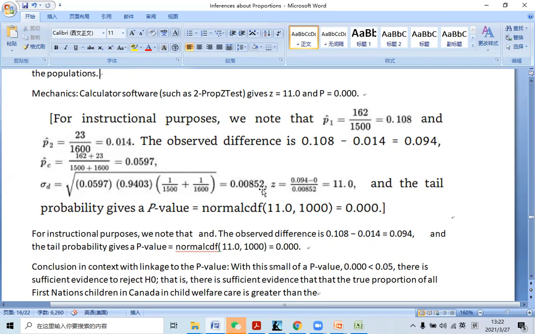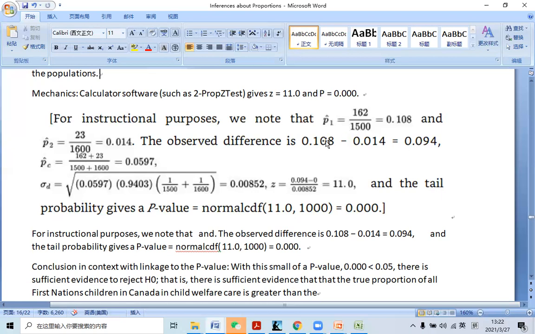Once you get the standard deviation, you get the z-score. So here you have 0.094. Where does that come from? 0.094 is the difference between the two proportions.